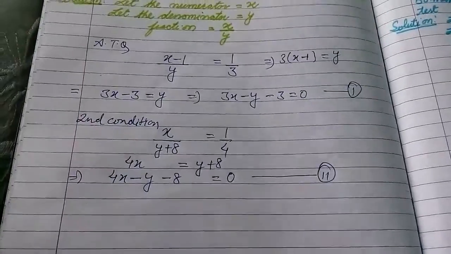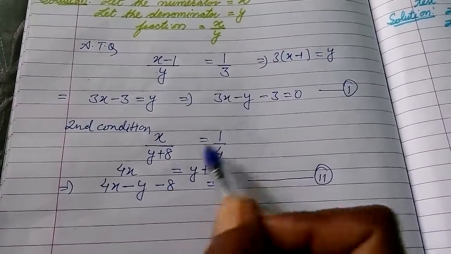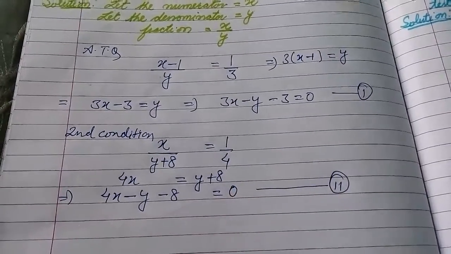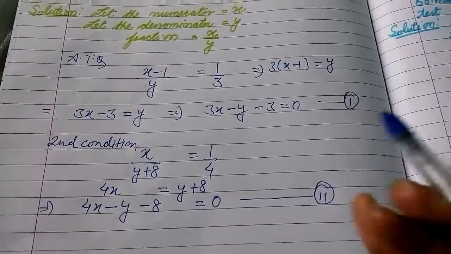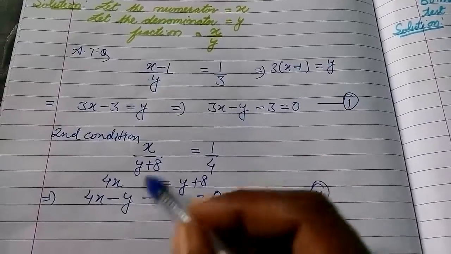Now I am getting both these equations. Here I again see that the y variable is the same and the sign is also the same. That means just by simply subtracting these two equations, I can get the value of x, and y can be eliminated.